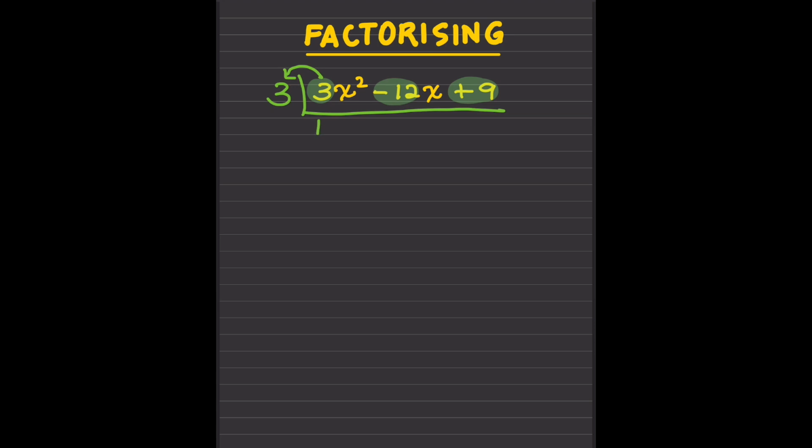So this becomes 1, and then you just bring down the variable, okay? And then negative 12 divided by 3 is negative 4, and then just bring down the variable, okay? And the last one, okay, positive 9 divided by 3 is positive 3.